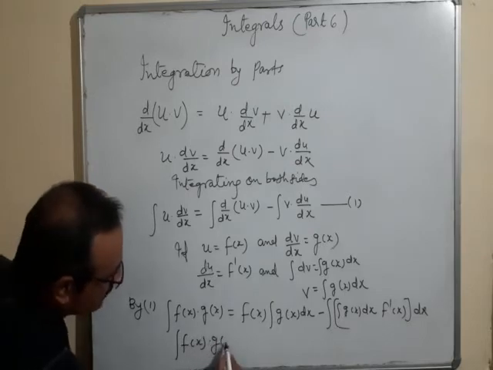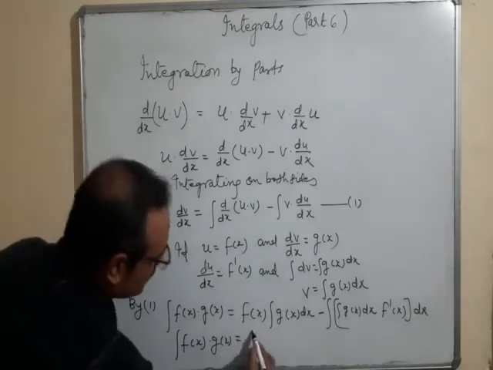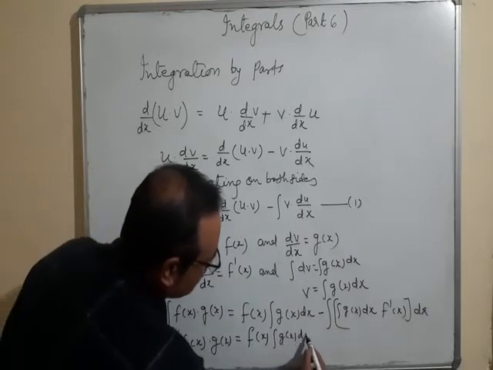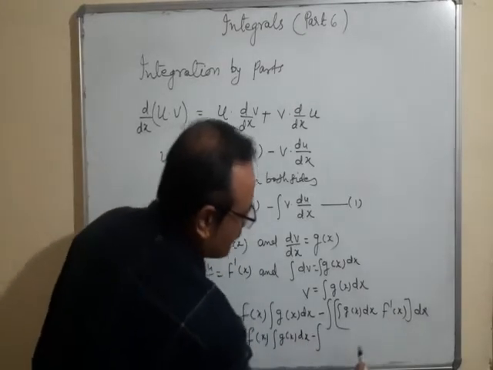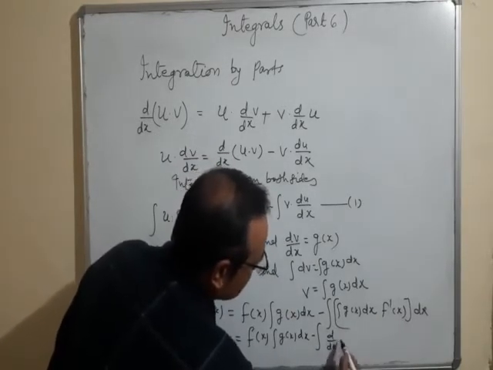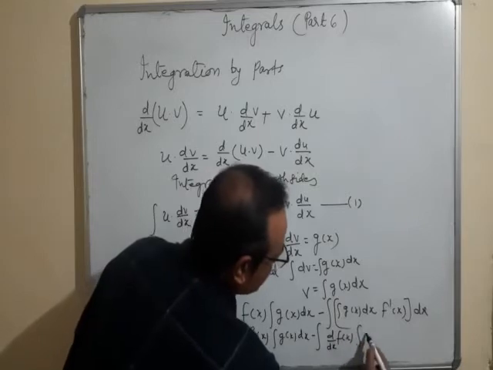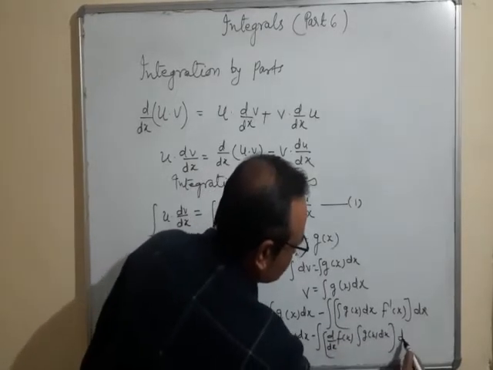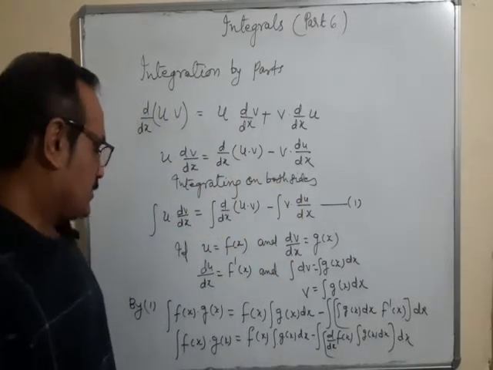Integration of f of x into g of x is equal to first function, integration of second function, minus integration of differentiation of first function, f dash x, into integration of second function, and its whole integration. So that is the formula.